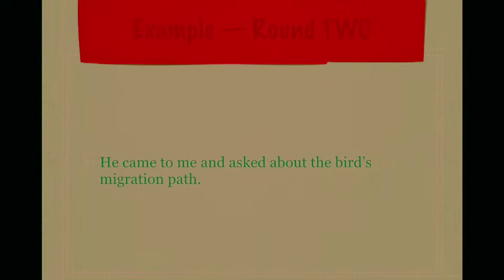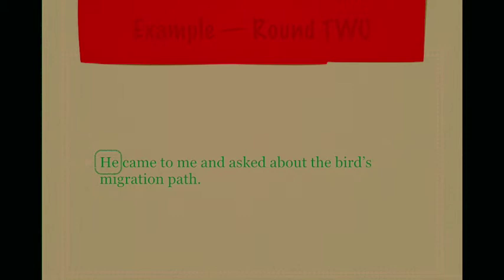He came to me and asked about the bird's migration path. So first you need to find your pronouns. He and me are the pronouns here. So we need to figure out which one is the subject and which one is the object. So what is the subject of the sentence? You said he, you are correct.